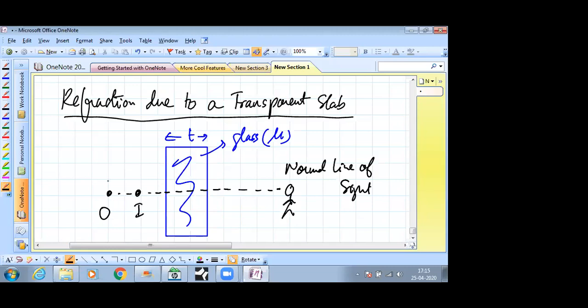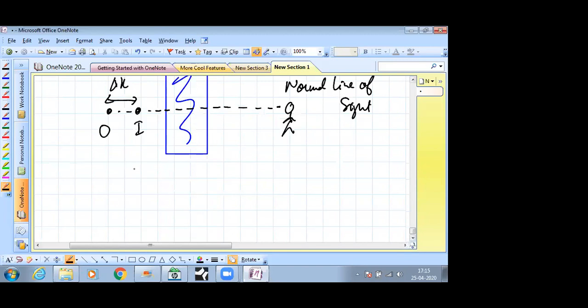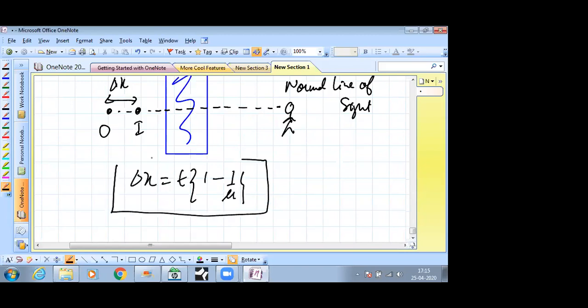It will appear to be closer, and this is called the lateral shift along the principal axis. So as it turns out, this lateral shift will be equal to the thickness of the slab times (1 minus 1 by mu).